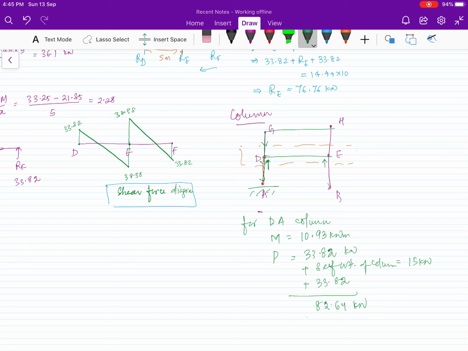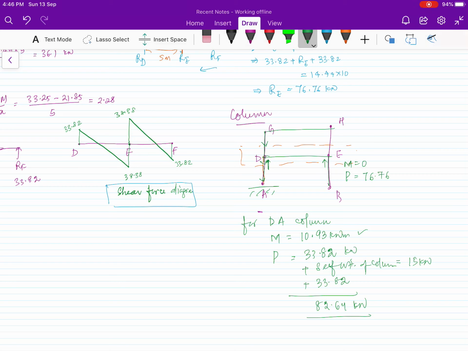So this is your axial force, and this is your moment for the column DA. For EB, if you see, your moment was 0, so there is no moment, only axial force will act, and axial force is 76.76.